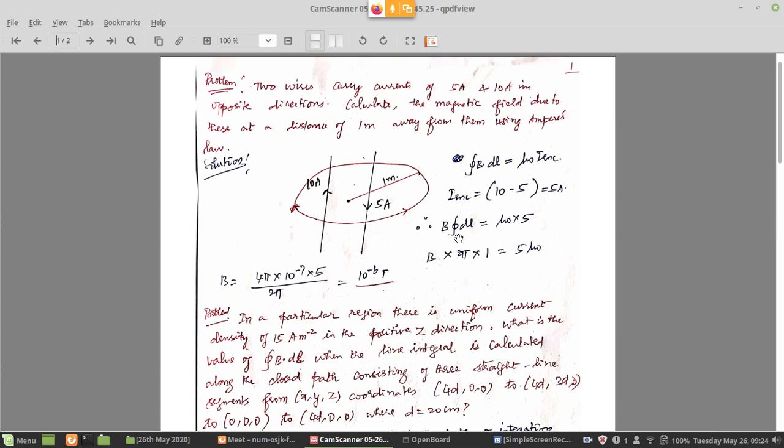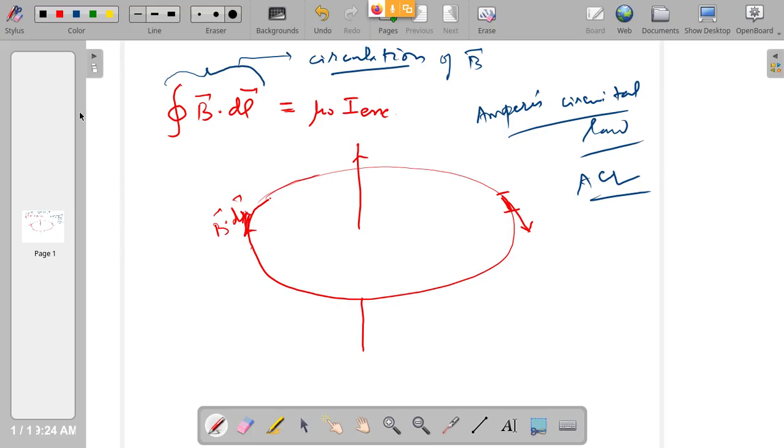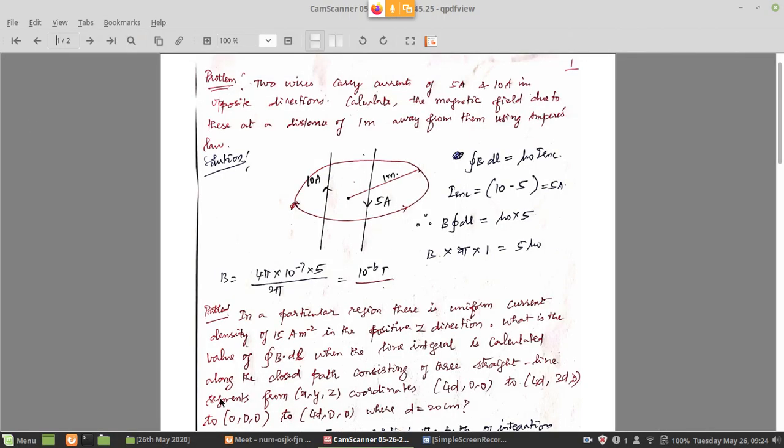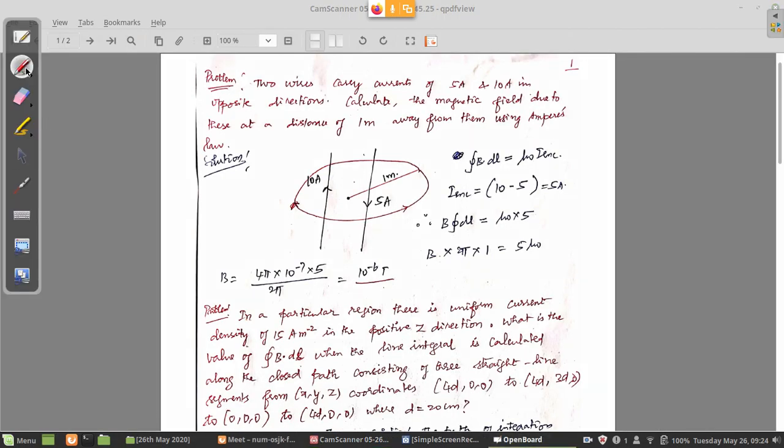Integration of dl: you are taking a small segment of this loop, dl, and you are integrating over a circular Amperian loop of radius 1 meter, because they are asking at a distance of 1 meter.